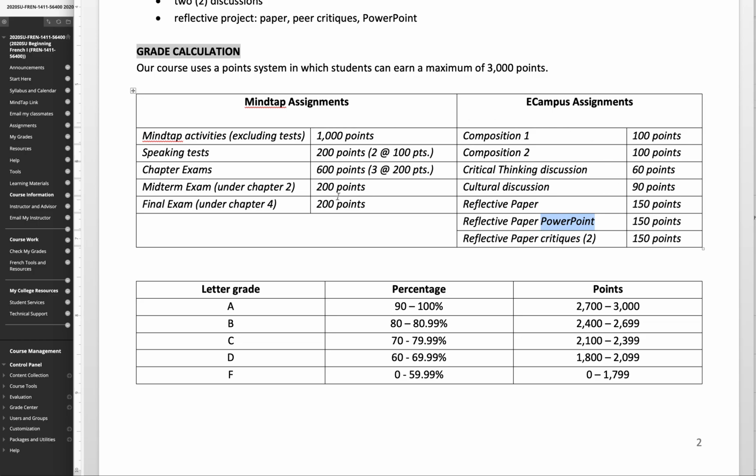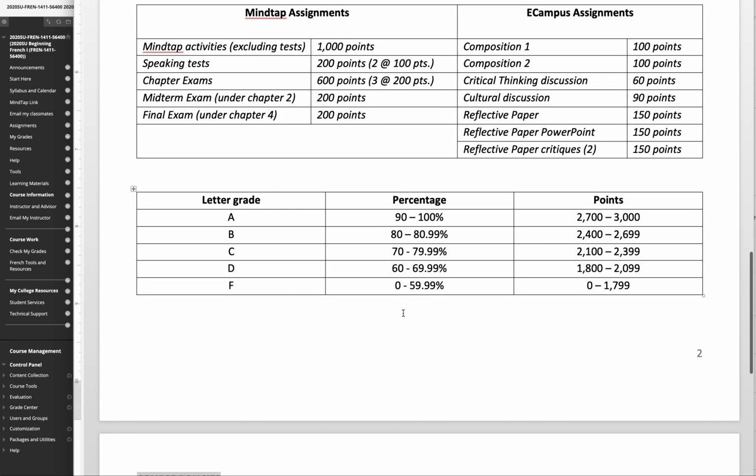So if you were to add all of these points, that would come out to 3,000 points. So your grade is based on a 3,000 point system. At the end of the semester, once you see the total number of points that you received, let's say you got 2,700 points for the whole class, then you need to come back to your syllabus and see how many points you have.